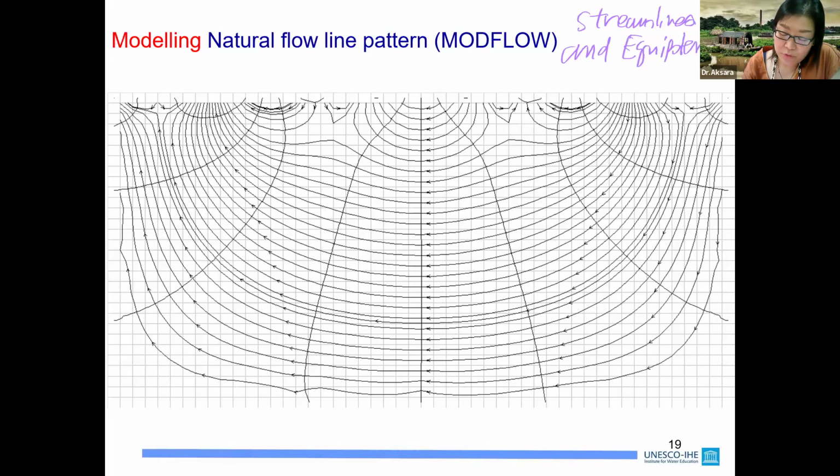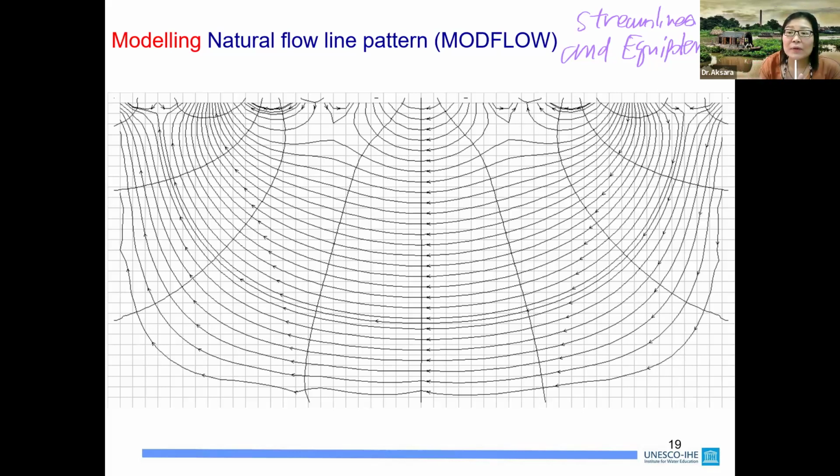It tells you how the groundwater flows, from where to where, and what the equipotential heads are in the system. It will flow from a higher equipotential head to a lower equipotential head.